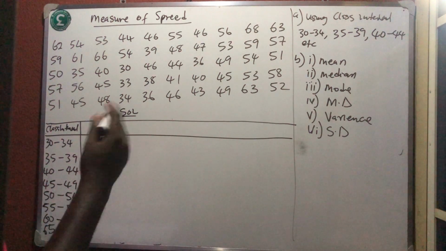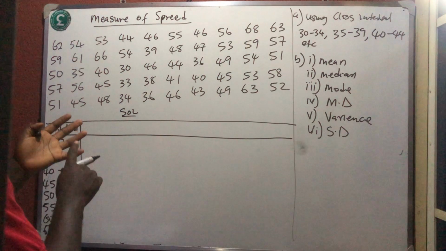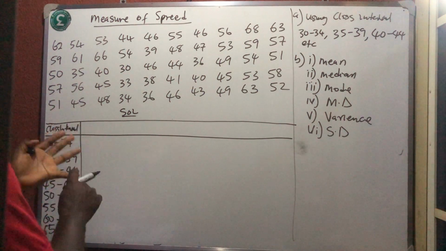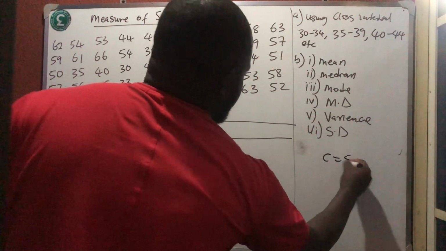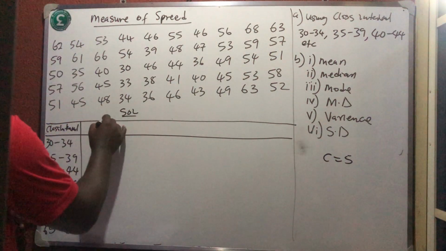To get our C, very simple: 30, 31, 32, 33, 34. So my C is already 5. Okay, that is that.